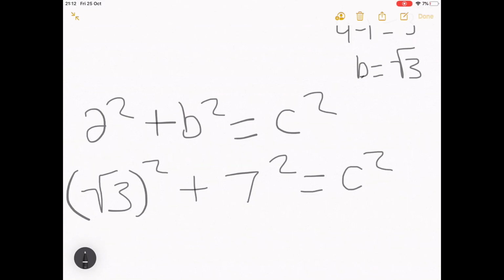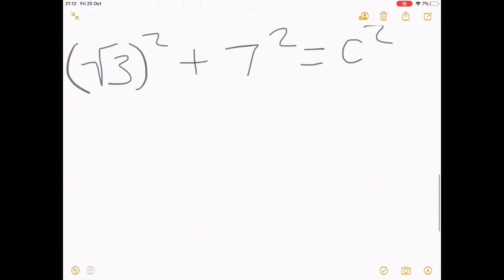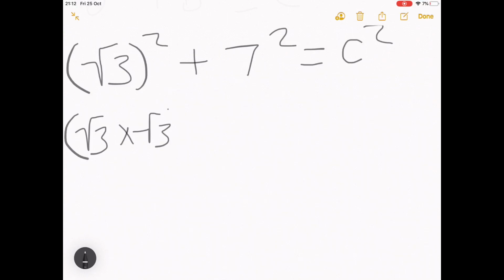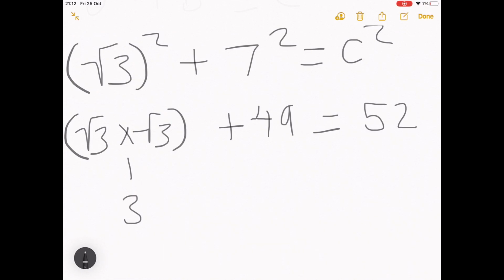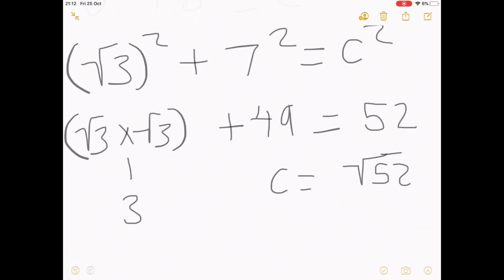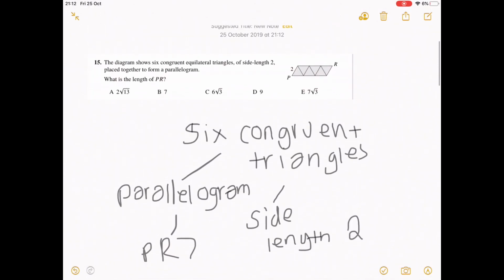So if we expand root 3 squared, that would just be root 3 times root 3, which is 3, and then plus 7 squared, which is 49, equals 52, and c would then equal the root of 52. So in our answers, we can't see root 52, so that means we'll have to simplify it as much as we can.